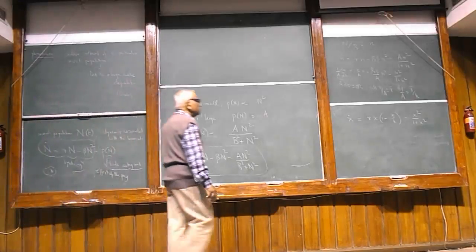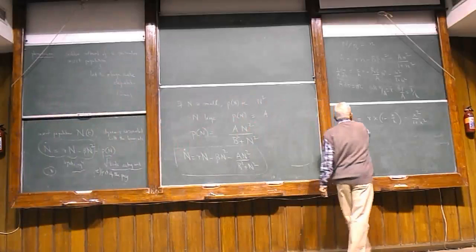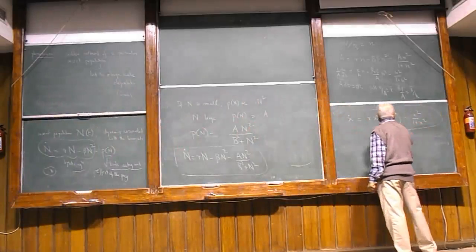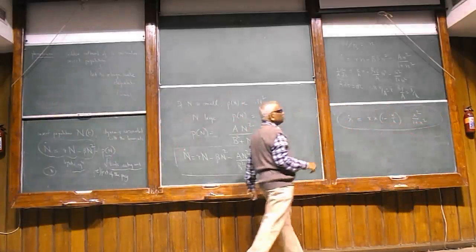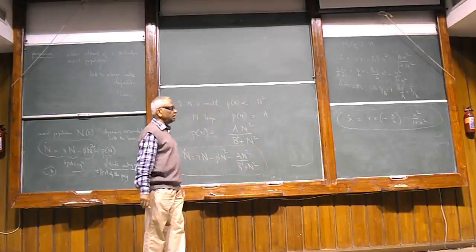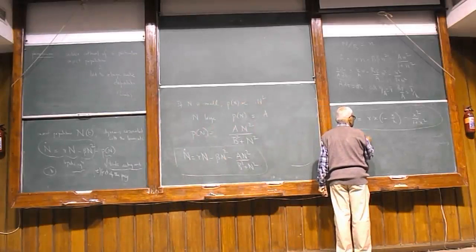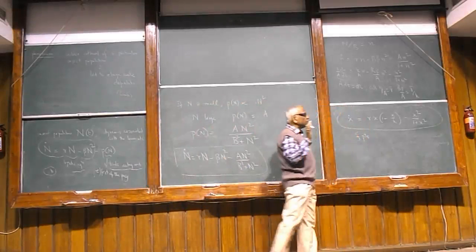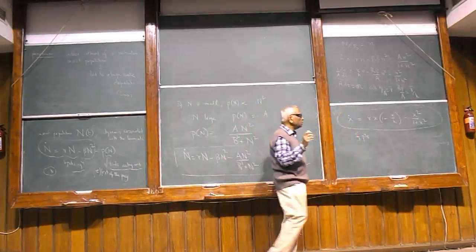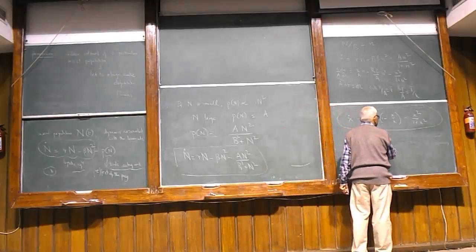So x dot equal to, this is what the dynamical system looks like at the end of the day. So first thing is fixed points. Obvious fixed point, x star equal to 0.